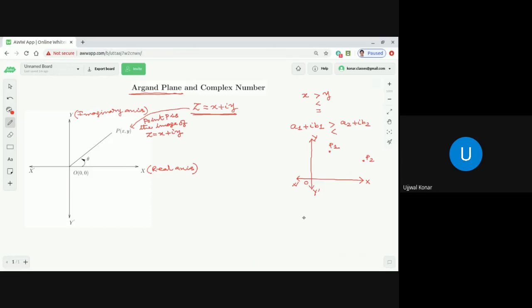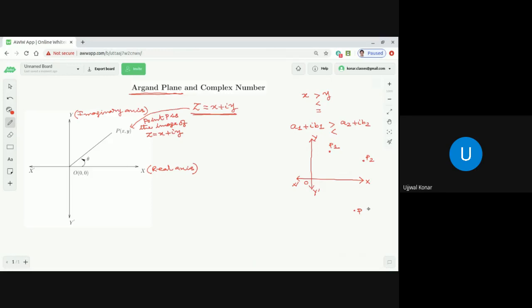To represent a point in two dimensions, dear students, we need two reference frames. Why? Suppose we consider the plane, the whiteboard that you are seeing. Now I am telling you, dear students, I have a point P here. Then how can I say where the point P is?